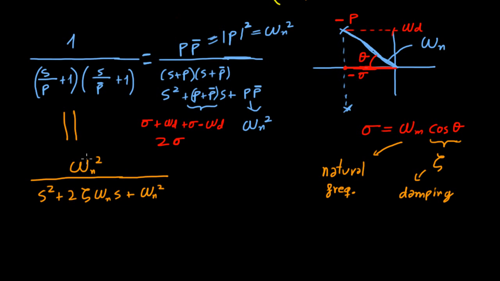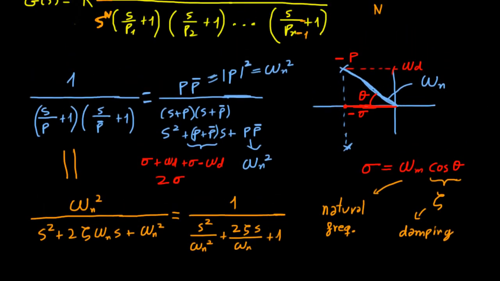And as you see, this has unit gain as well. Some people prefer to write it this way: s squared over omega n squared plus 2 times zeta times s over omega n plus 1. But in either case we have a unit gain.